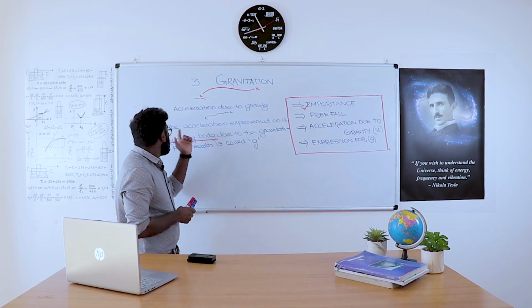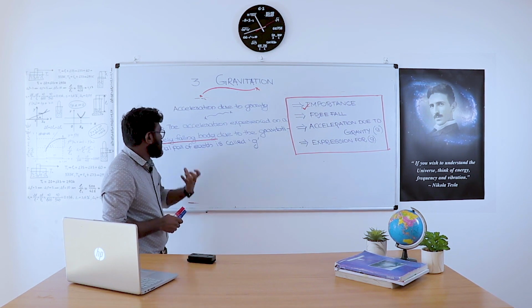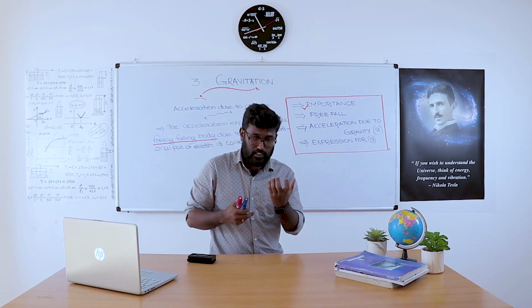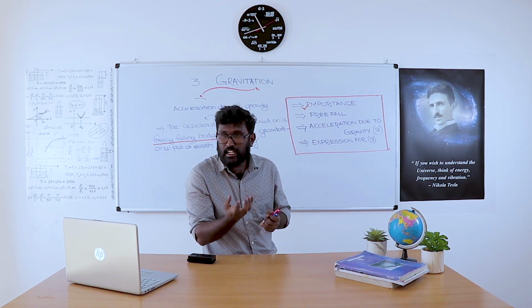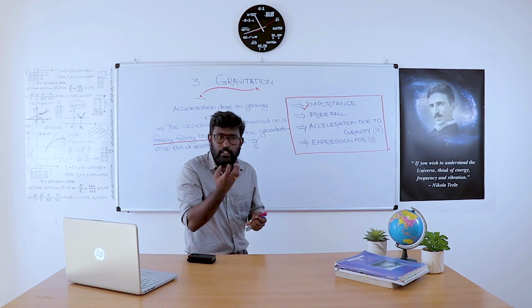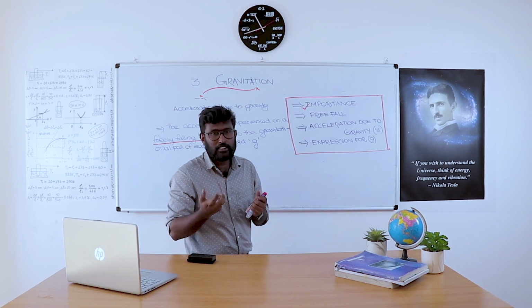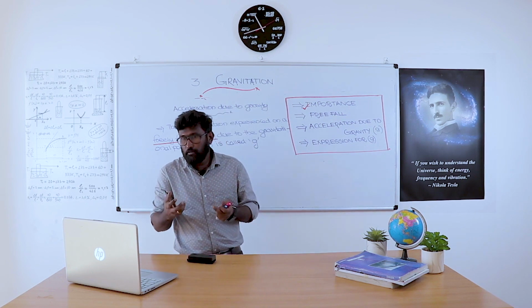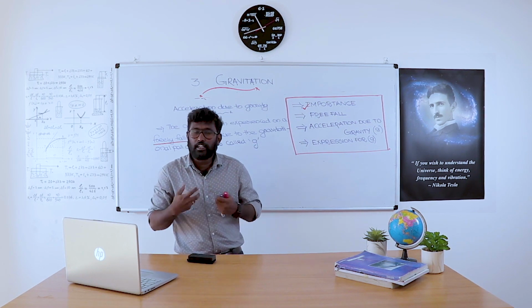The acceleration is experienced due to the gravitational pull of earth. That means earth attracts all objects towards the center of the earth. That force is also called gravitational force.